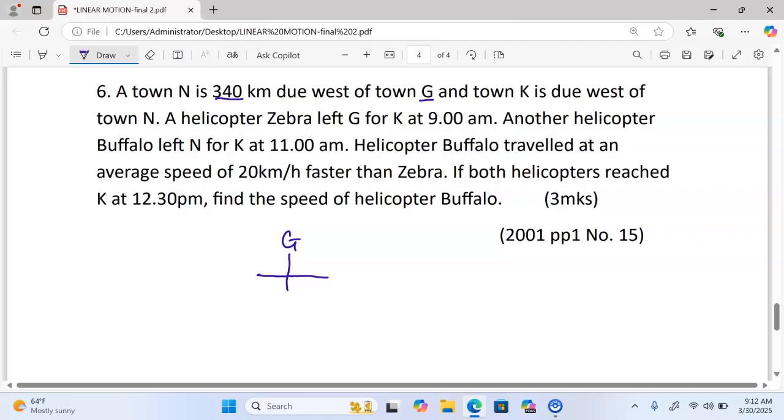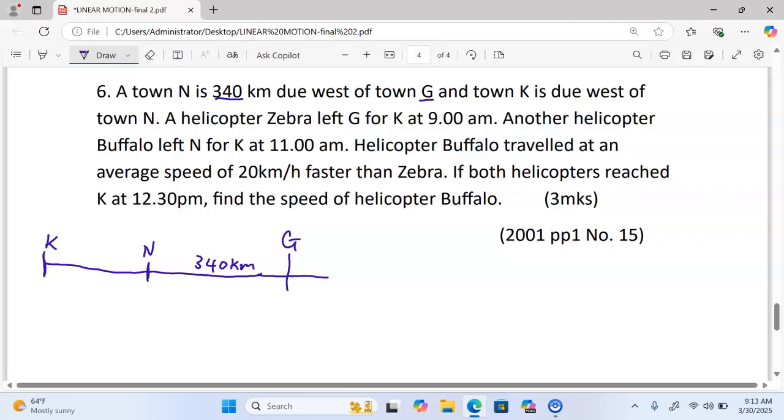Then we have been told town N is 340 kilometers from G. And then we are told that K is due west of N. So we go further to the west. This is where we are going to have K.